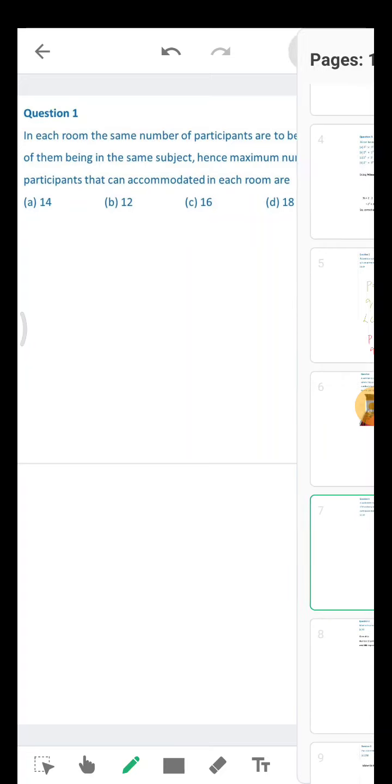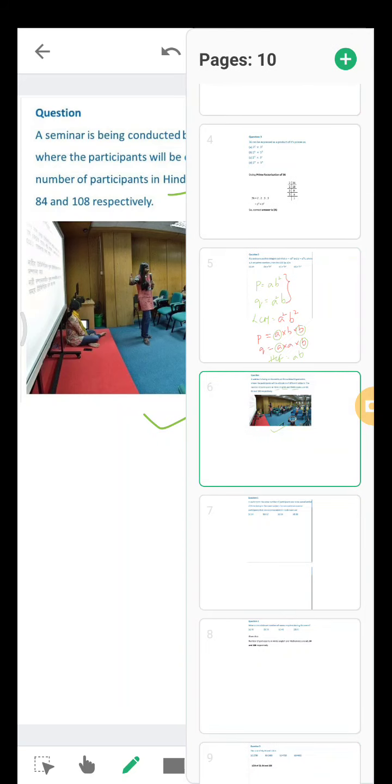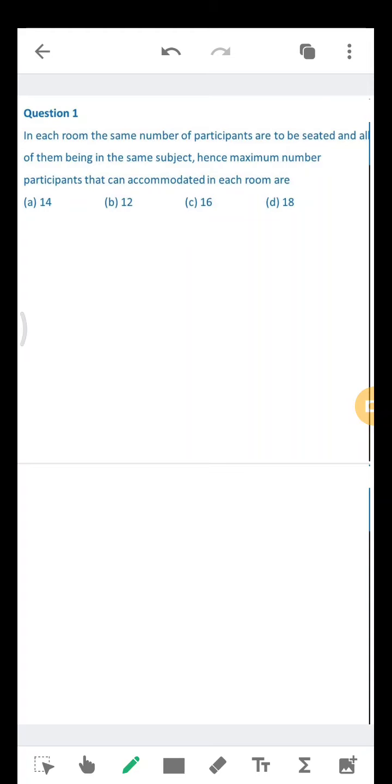So I have to arrange these teachers equally subject wise in different rooms, such that each room should have equal number of teachers. Clear? So for that, what's the answer? How many teachers should be there in each room?